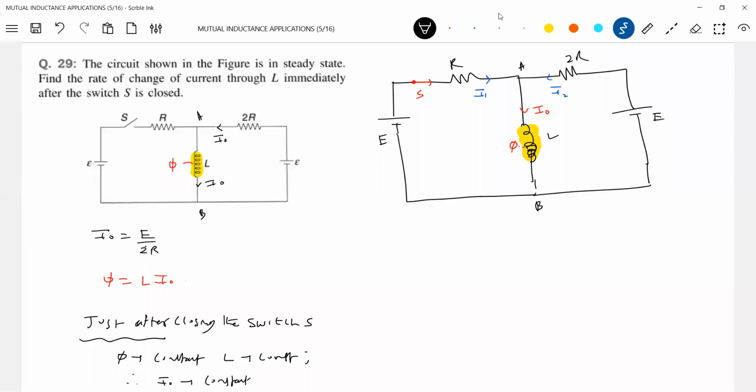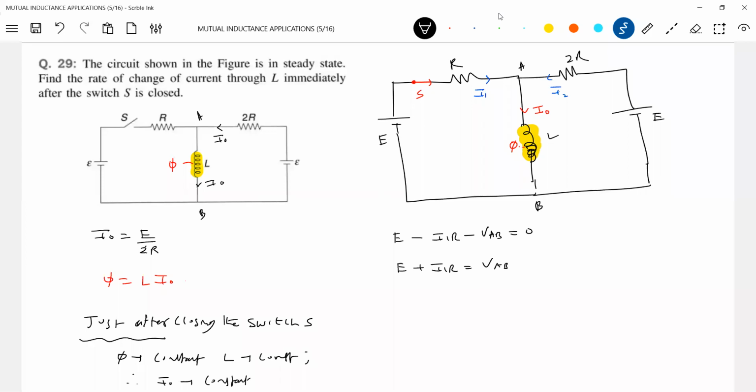Write the loop equation: plus E minus I1 R minus VAB equals 0. So one equation is E plus I1 R equal to VAB?